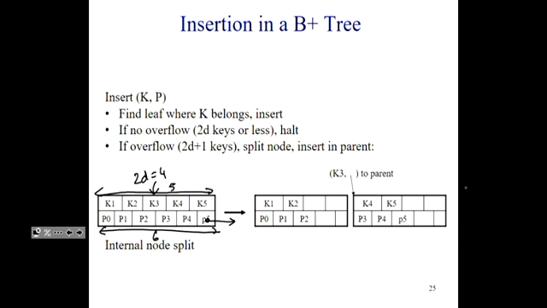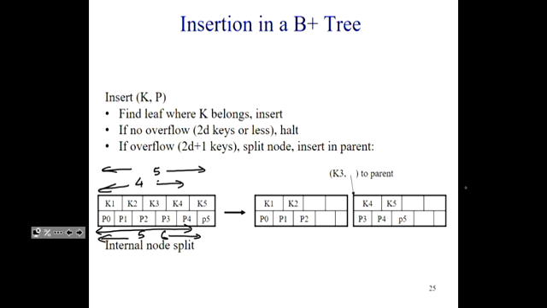No, actually, this is an internal node split, so I'm wrong. So this is an internal node split. So typically I would have 4 keys and 5 pointers, and by inserting one more key, I would have 5 keys and 6 pointers, right?